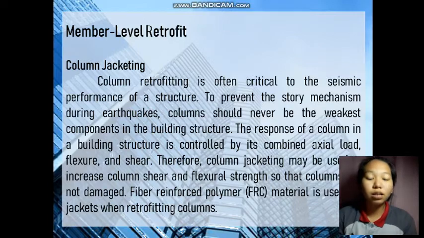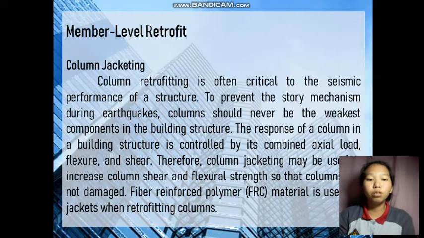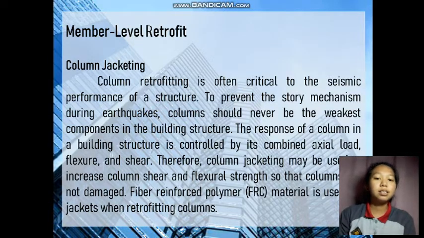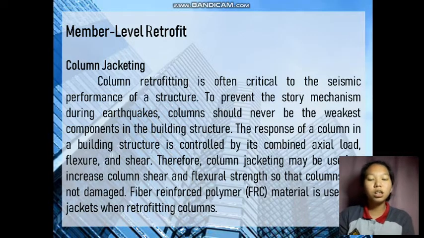To prevent the story mechanism during earthquakes, columns should never be the weakest component of the building structure. The response of a column in a building structure is controlled by its combined axial load, flexure, and shear.